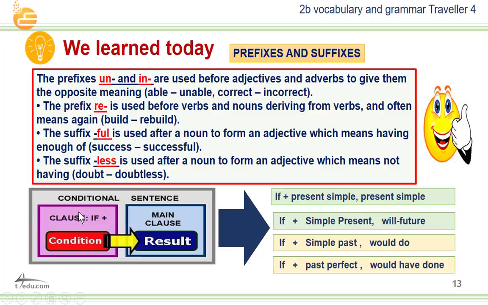Then we talked about conditional sentences, if clause plus main clause. We said the zero form is if plus present simple, and type 1 is if plus present simple plus will future, and type 2 is if plus past simple plus would go, and type 3 is if plus past perfect plus would have done.